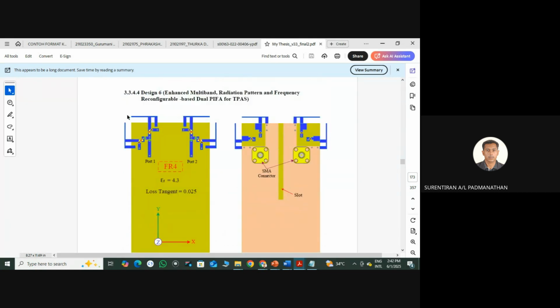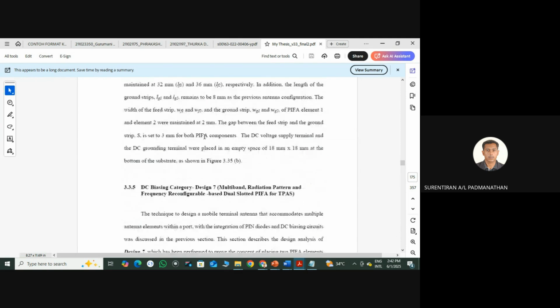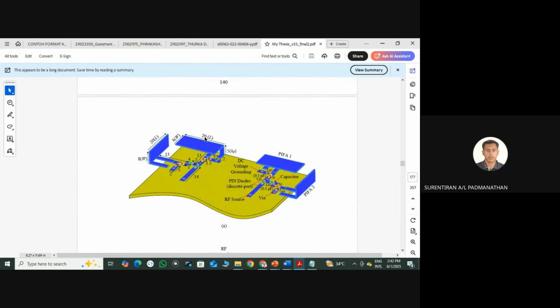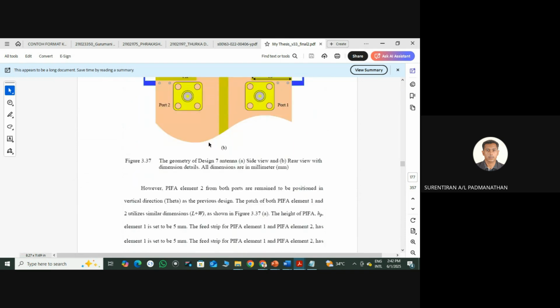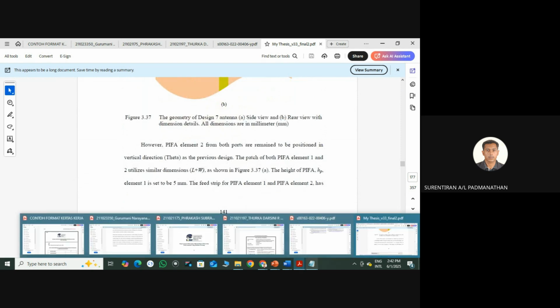So when I modify the length and width, these are the results that I get.